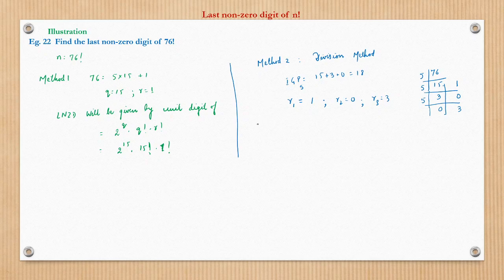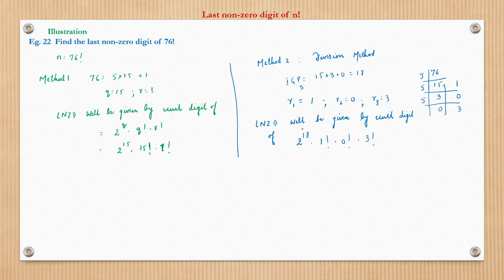So now the last non-zero digit will be given by the unit digit of what? Unit digit of 2 raised to power IGP of 5, which is 18, into R1 factorial, 1 factorial, 0 factorial into 3 factorial. So now this is much simpler.